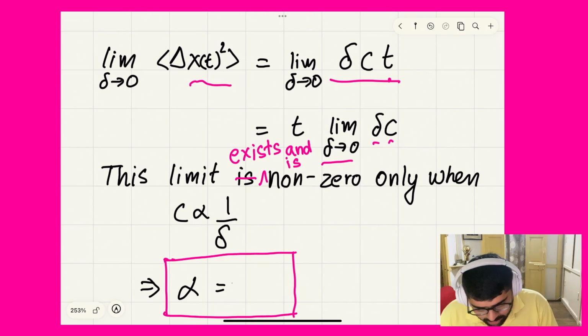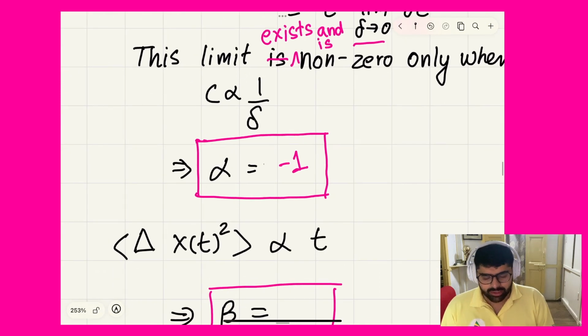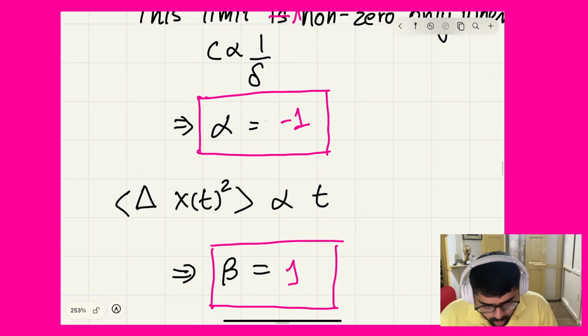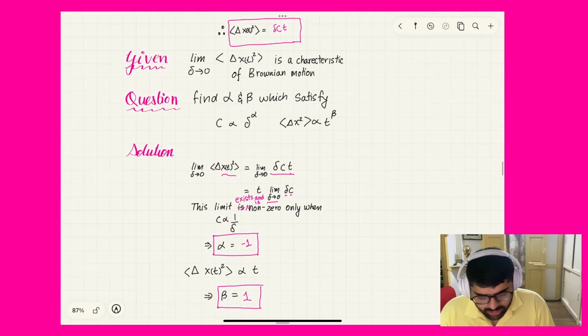So alpha is equal to -1. Similarly, the mean square displacement is proportional to t, so beta is equal to 1. So this is the final solution to the question.